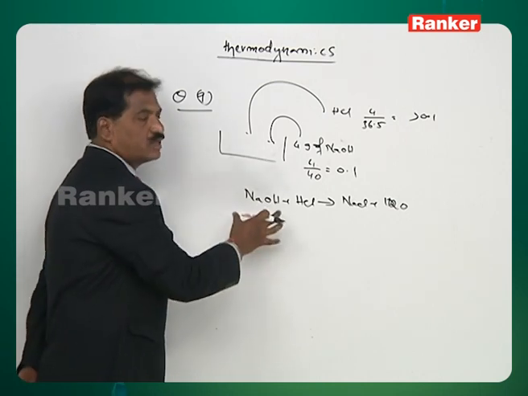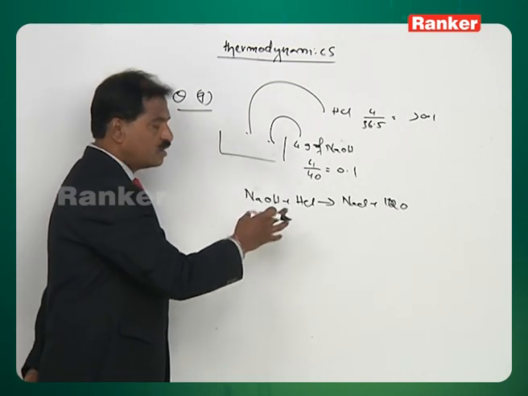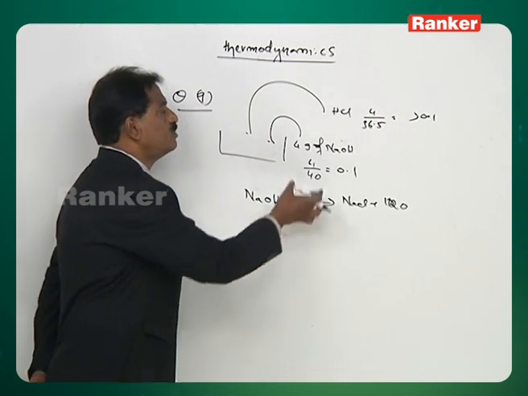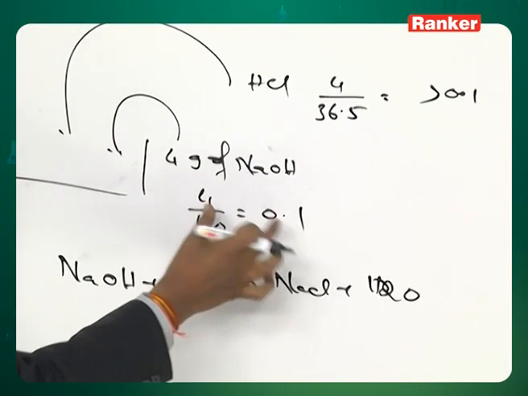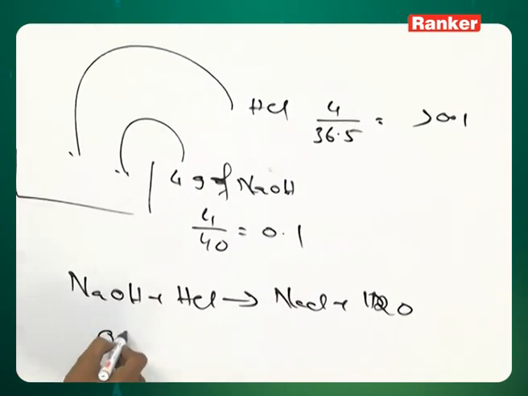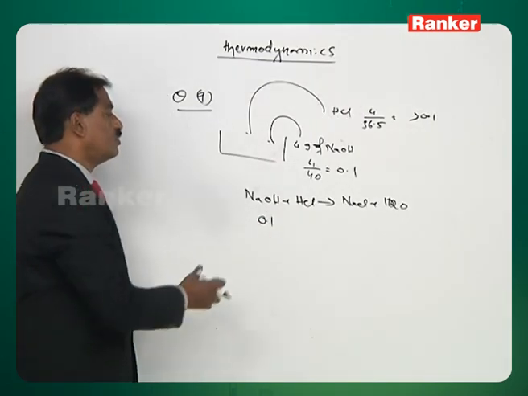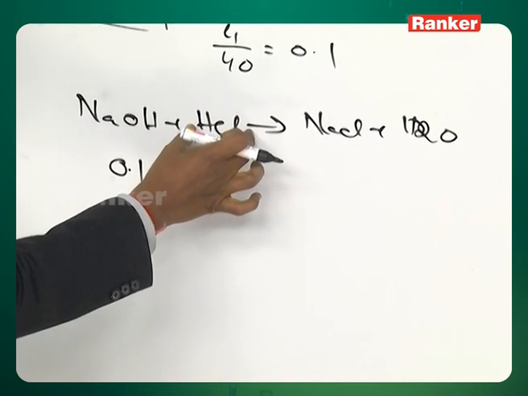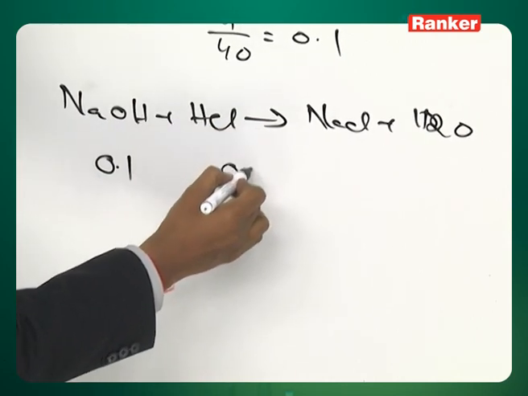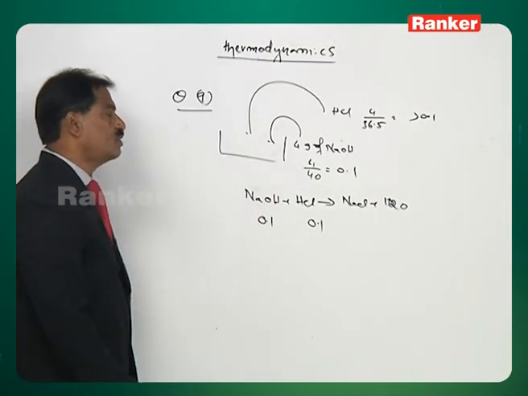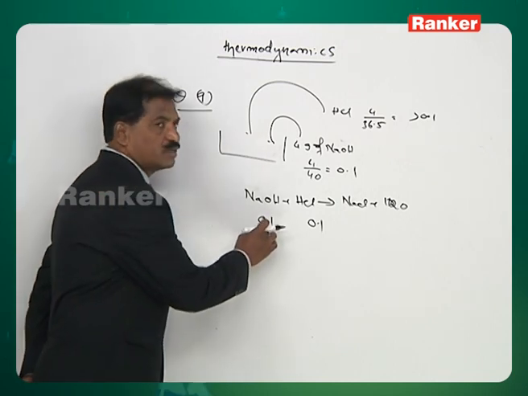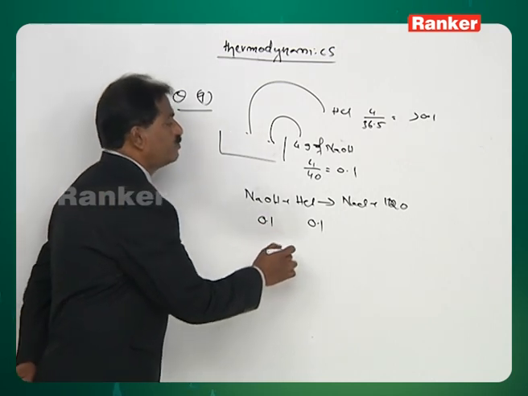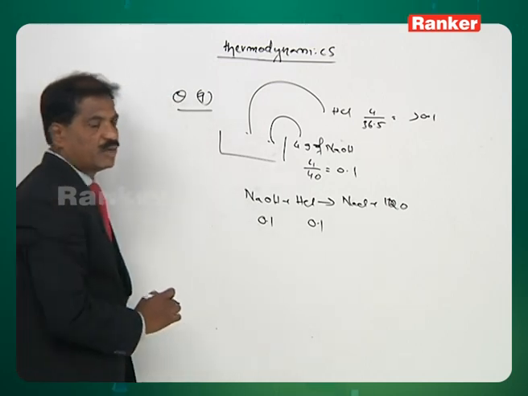Therefore, the reactant whose equivalents are lesser will completely participate. Here, which is lesser? Sodium hydroxide, 0.1 equivalent. Hence, equivalents of HCl required should also be 0.1. Hence, the total amount of sodium hydroxide will participate in the reaction, and a proportionate amount of heat will be liberated.